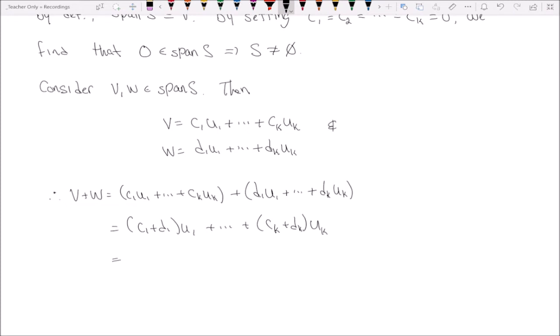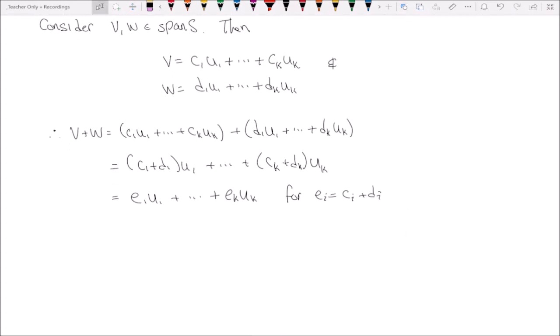Which of course can be written as E1U1 plus so on and so forth plus EK UK for E sub I equaling C sub I plus D sub I. Right now, this clearly is a linear combination of the vectors in S. So we can conclude that V plus W is in the span of S.